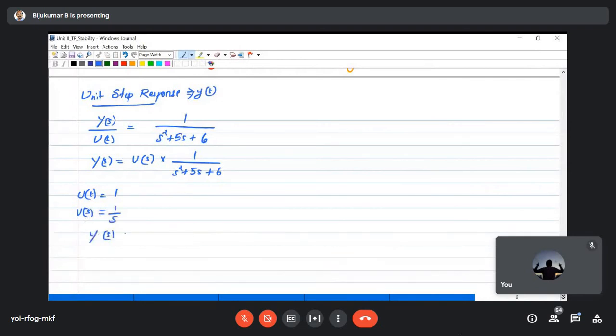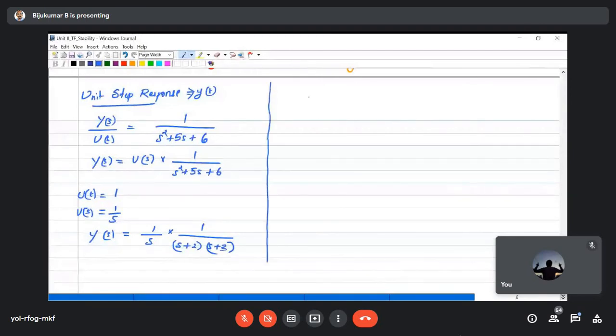So we can write Y(s) = 1/s multiplied by 1/((s + 2)(s + 3)), since the polynomial can be written as (s + 2)(s + 3), right? So in order to find y(t), first of all, I have to apply the partial fraction, right?